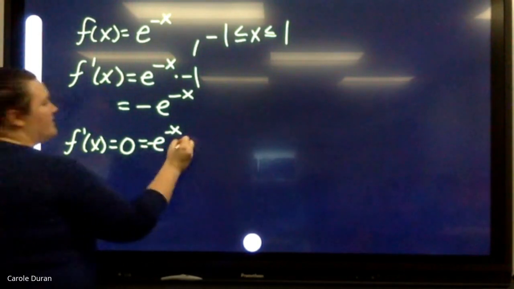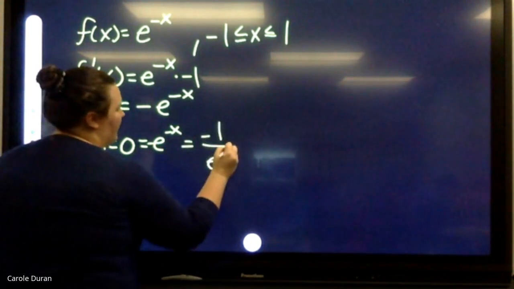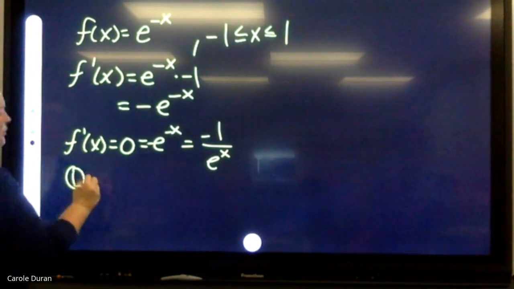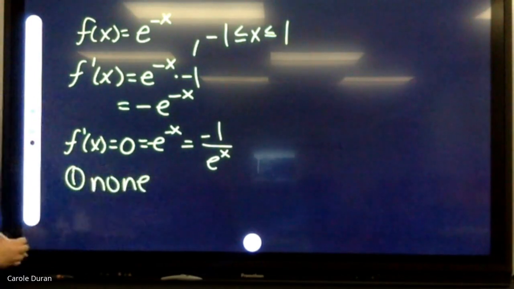Is there anything I can plug in for x that's going to make that equal 0? The only way to get a 0 in a fraction is if the numerator goes to 0, and it's a constant, so that's never going to happen. So there are no possible candidates as a critical point. None at all. Which means I move to step 2.